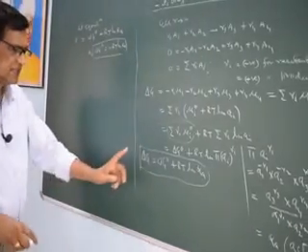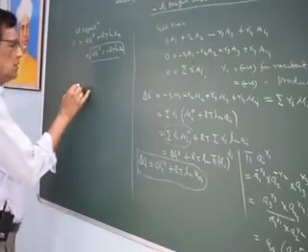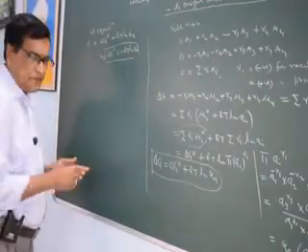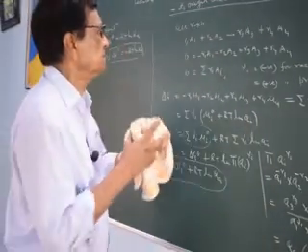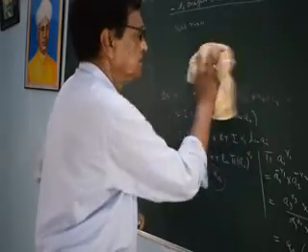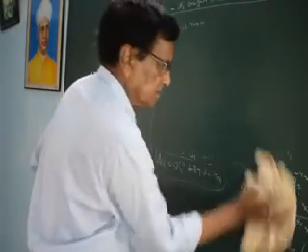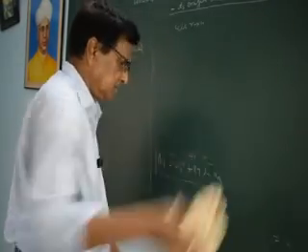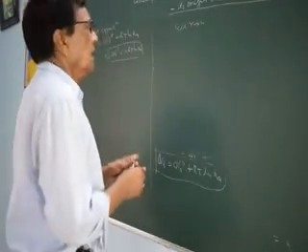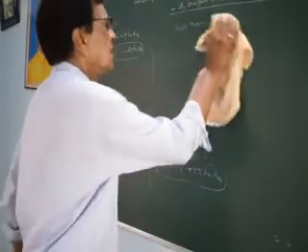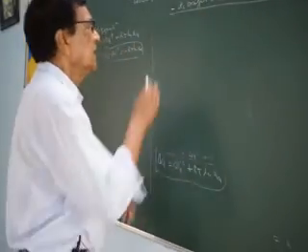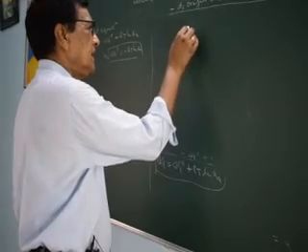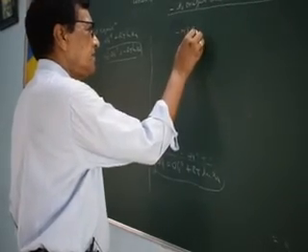So in this case, instead of del G, we can write minus nFE cell.